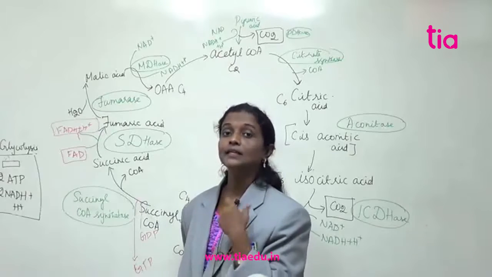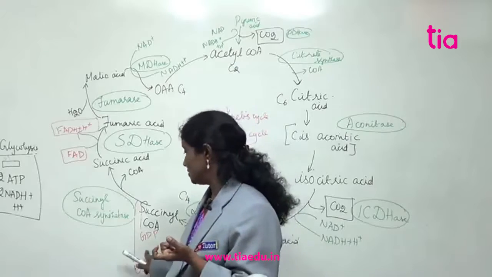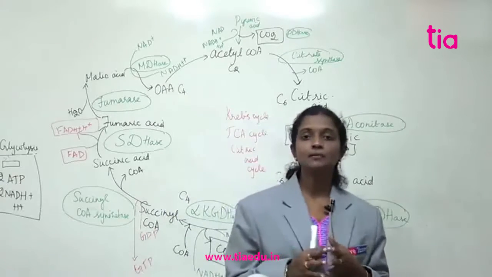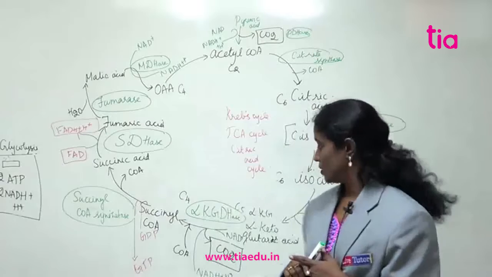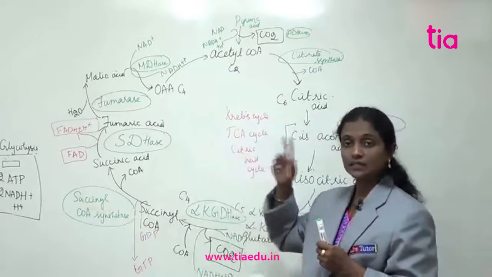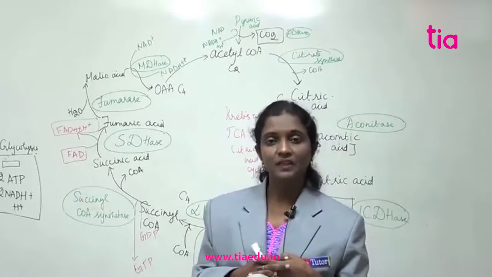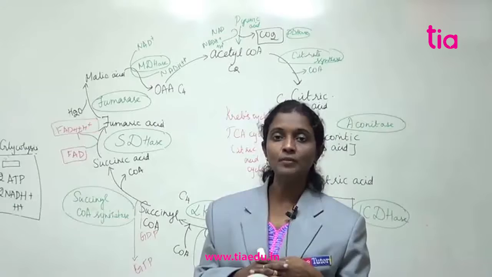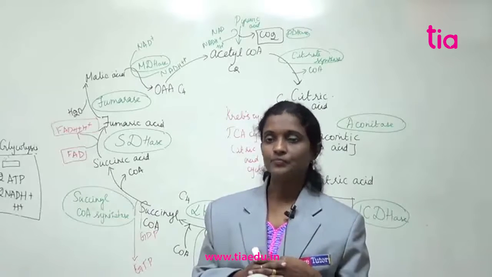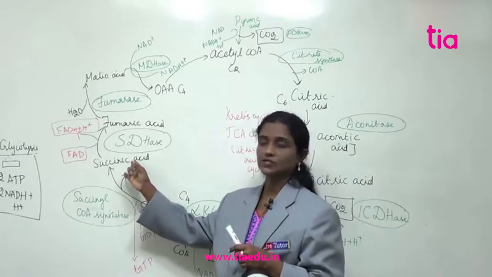Not directly, indirect formation of ATP takes place because GTP is formed here by the enzyme succinyl-CoA synthetase. So GTP is formed, and as we saw in the previous slide, GTP plus ADP can also form ATP plus GDP, right? So succinyl-CoA synthetase, it became succinic acid, right?